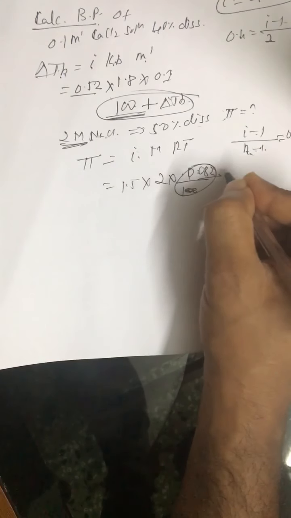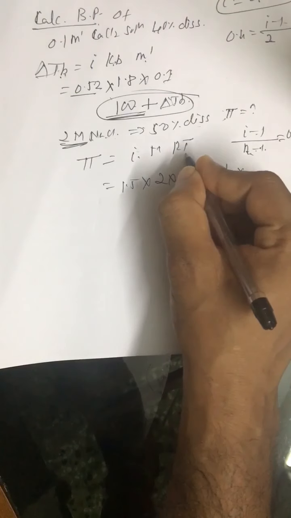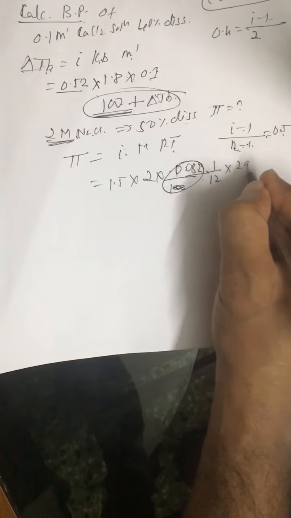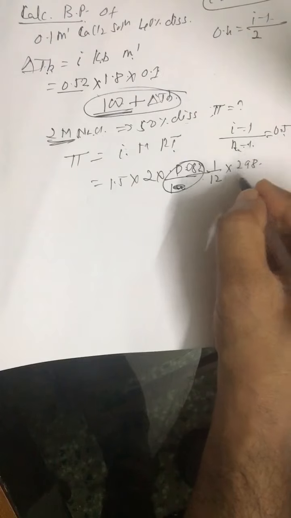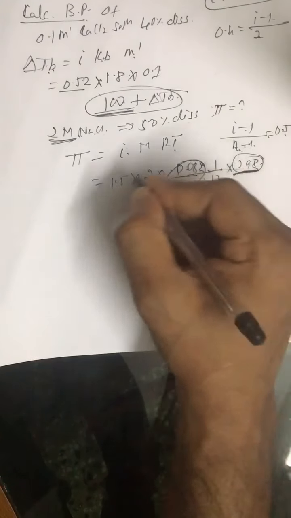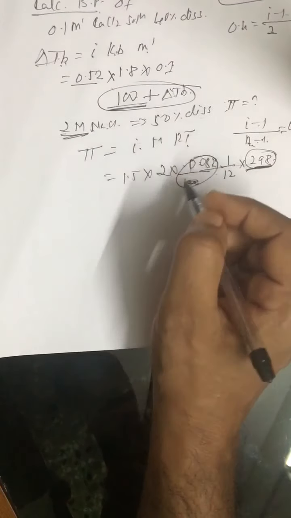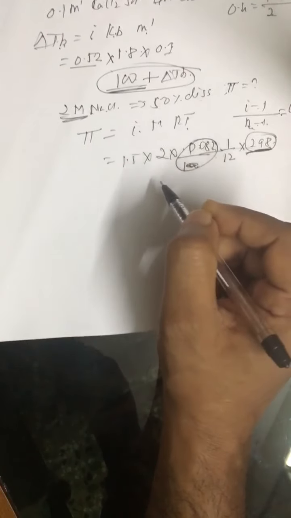In place of 0.082, you can use 1 by 12. And temperature, if not mentioned, you have to use 298 Kelvin, or for objective questions you can even use 300. It won't matter, you will get the nearest answer. So this is the calculation part.